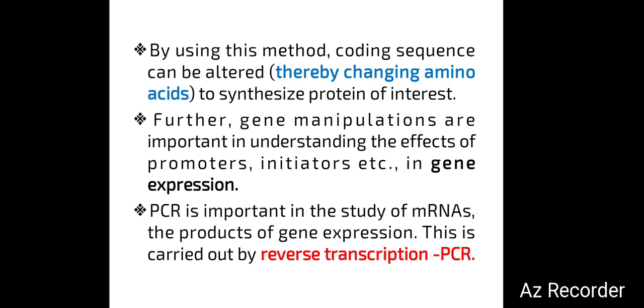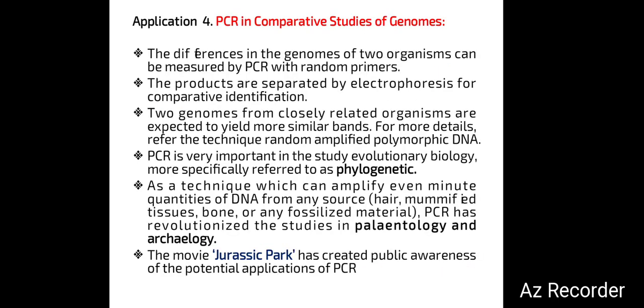Fourth application, PCR in comparative studies of genomes. The differences in the genomes of two different organisms can be measured by PCR with random primers. The products are separated by electrophoresis for comparative identification.